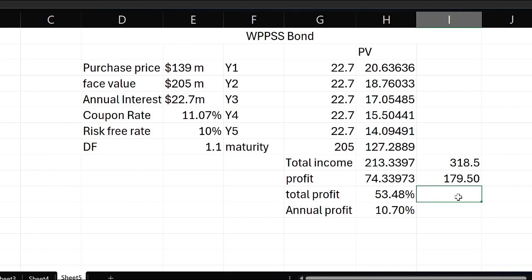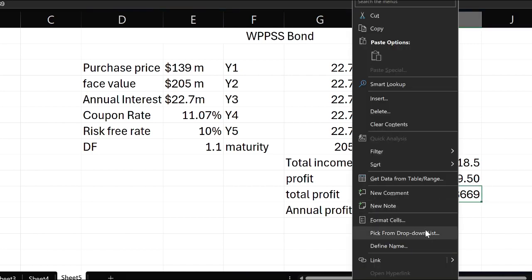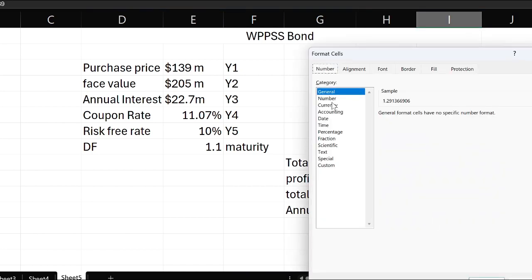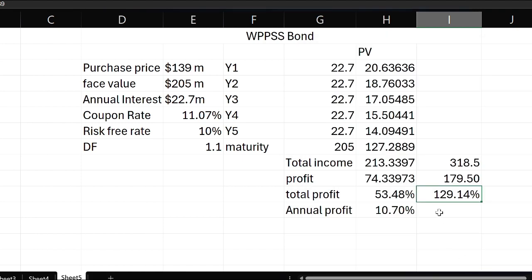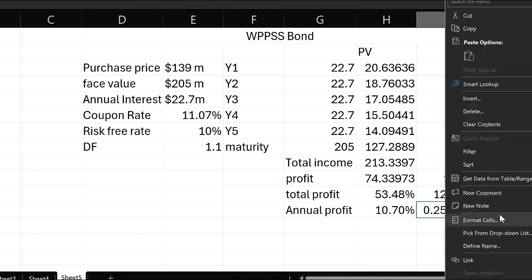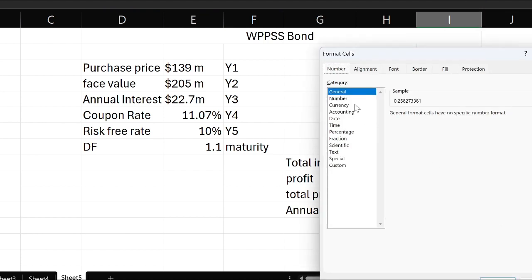Now let us see what is the total profit out of what he has invested. He invested 139 million. So in terms of percentages, it is 129.14 percentage. What is the average annual profit? This divided by 5. So it is 25.82 percentage, or 83% if you round it.